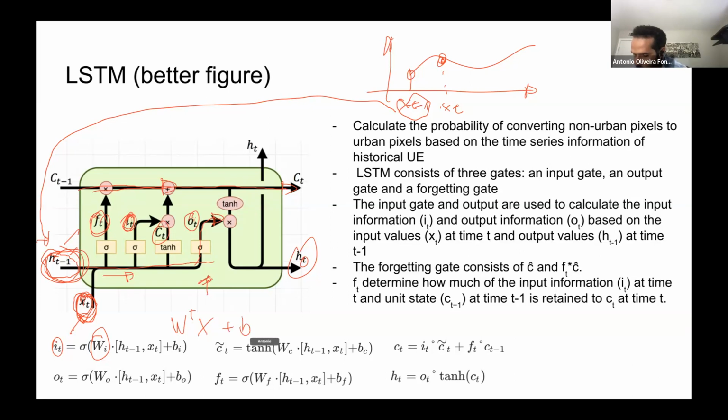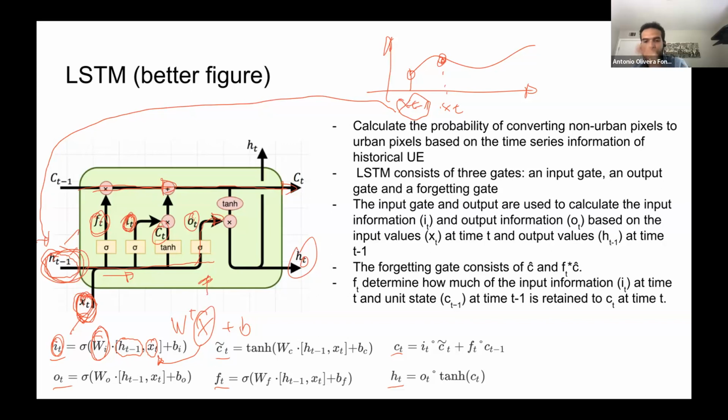Note that the input data now is the combination of the information from my current time step and what came from the previous time point. So I'm combining the two of them and learning a set of weights that is going to tell me how much information I should keep, and passing that information forward. You see that each one of these gates acts as an individual network, and together they compose one LSTM cell.